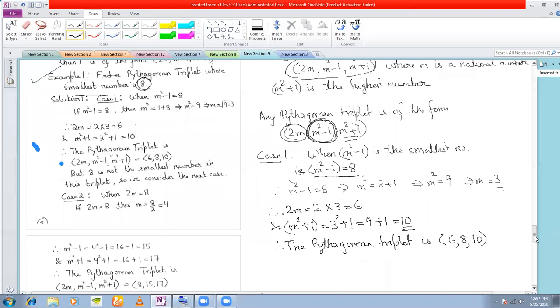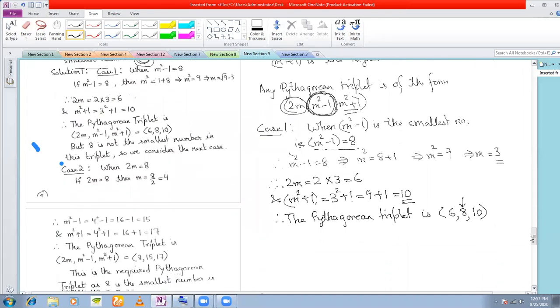But here it is said that the smallest number must be 8. In this triplet, is 8 the smallest number? No. In fact, here 6 is the smallest number. So this case is not possible because we are getting 6 as the smallest number.